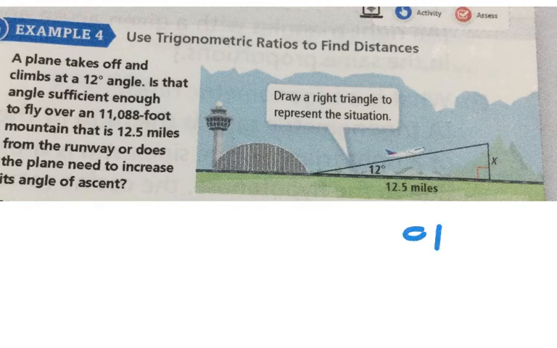And the 12.5 miles, that's not the hypotenuse, so that must be the adjacent side to my angle 12 degrees. So if I'm dealing with opposite and adjacent, I need to look back. Which trig function has both opposite and adjacent in it? And that would be tangent.